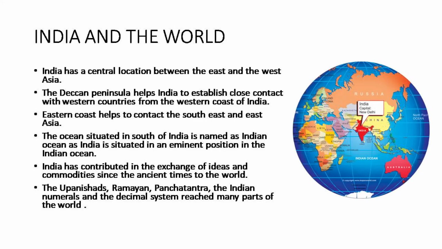Let us take the third unit, that is India and the world. You know children, India is located in a very central position between West and East Asia. Our country India is a southward extension of the Asian continent. And the trans-Indian Ocean routes, which connect the countries of Europe in the west and the countries of East Asia, provide a strategic central location to India.